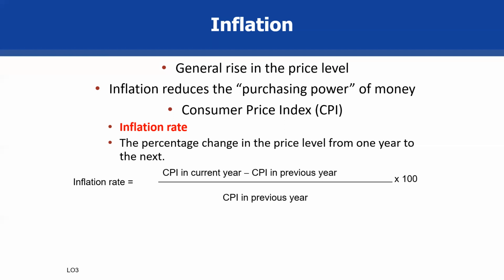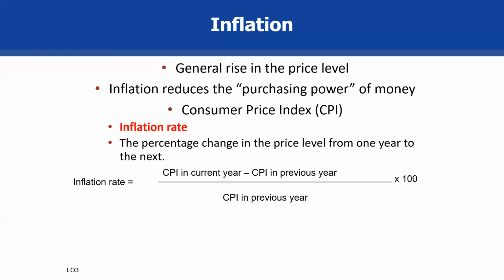It's not the price of one single product, because we're talking about the inflation rate for the entire goods and services for our country. So the formula is very important. And this is another formula you need to know.